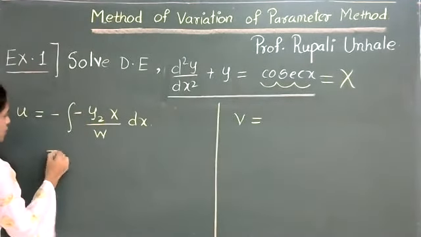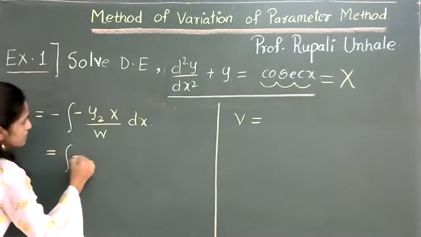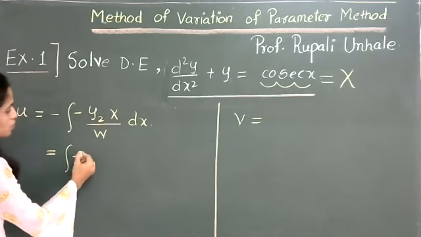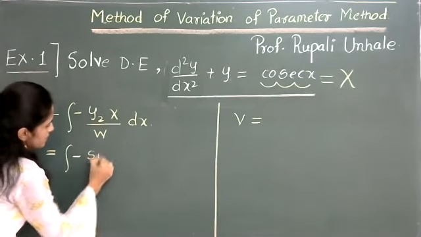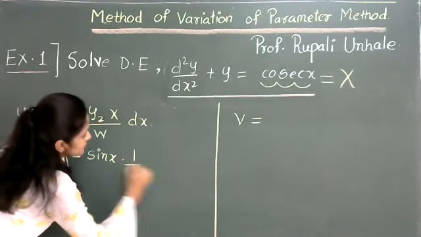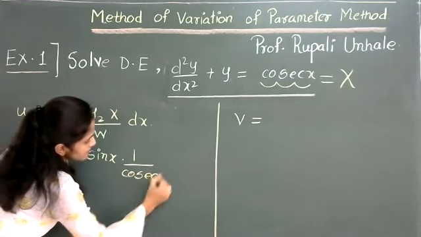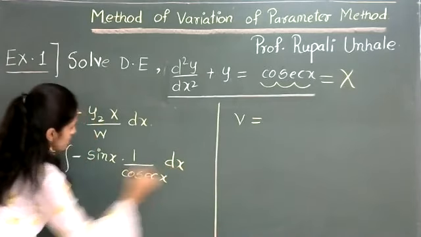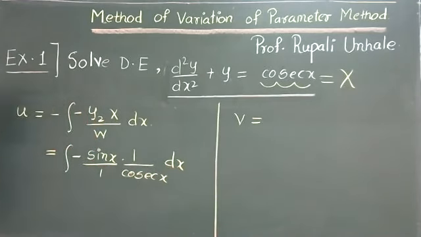So let's substitute the values: integration of minus sin x times cosec x, dx, and the value of W is 1.